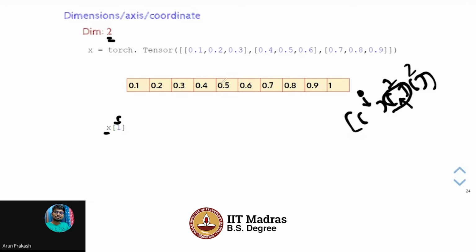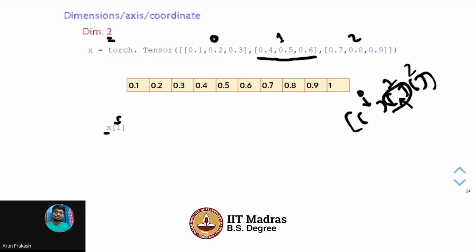Okay. So if you look at that, this is the zeroth element in dim 0, this is the first element in dim 0, this is the second element in dim 0. So all these are the first element of dim 0, right? It will take all these elements, and also remember that when it returns, we lose one dimension.